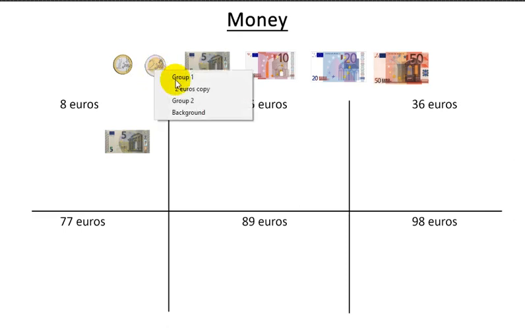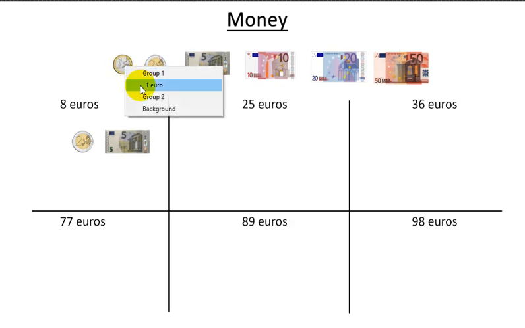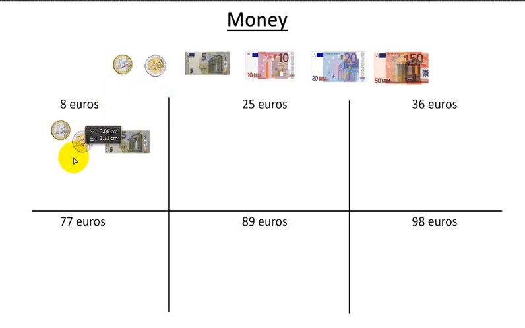Yeah, because 5 and 2 would give me 7. Okay, well, can I put in another 2? No, because then we'd get to 9. So now I can put in this, and 5 and 2 makes 7. Another 1 makes 8. Perfect. So we made 8.